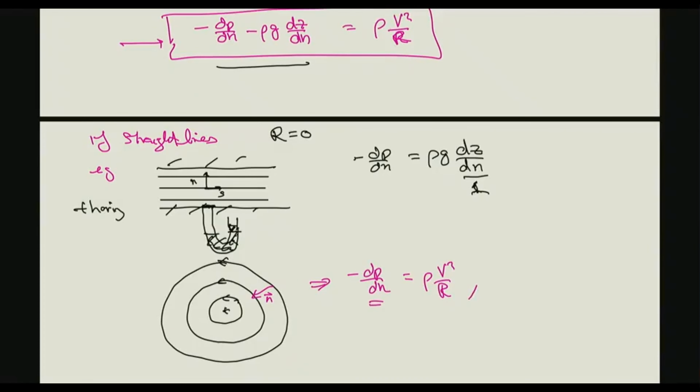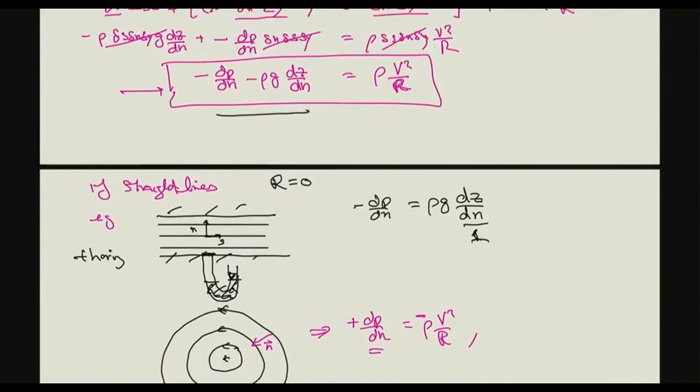Or if we put the negative sign on the other side, the pressure decreases as you go towards the center of the flow, and at the center there would be a pressure minimum. That's kind of how vortices work. So this equation could be used to describe that basic behavior.